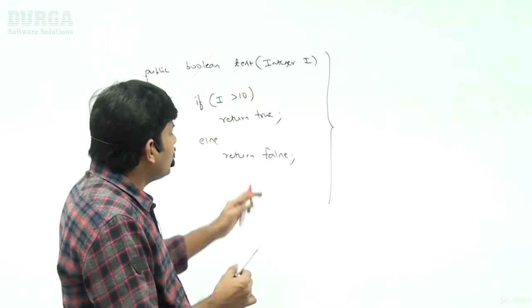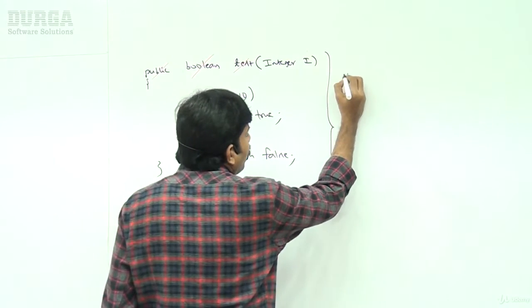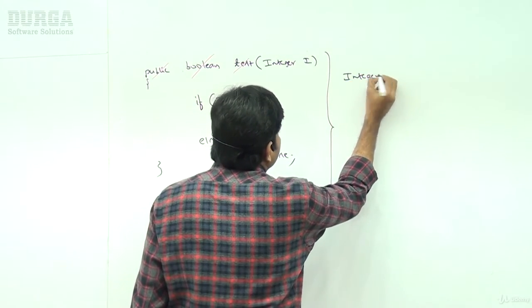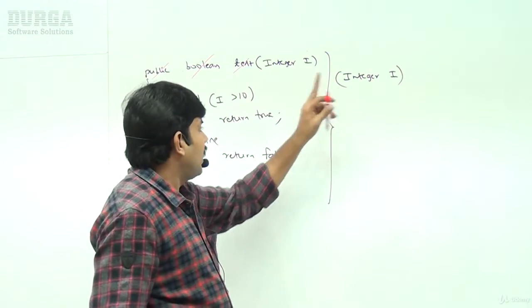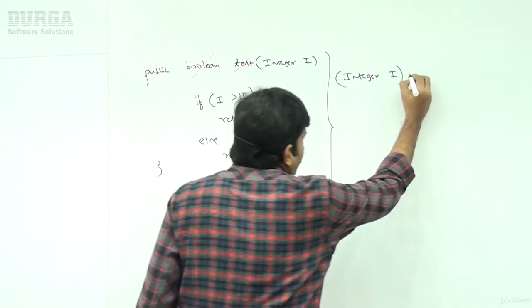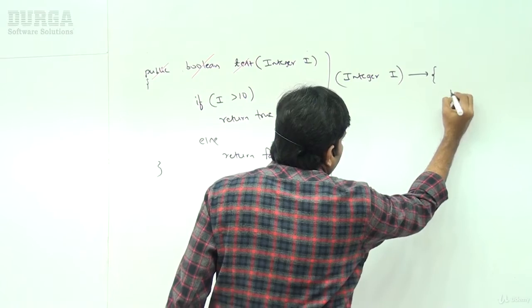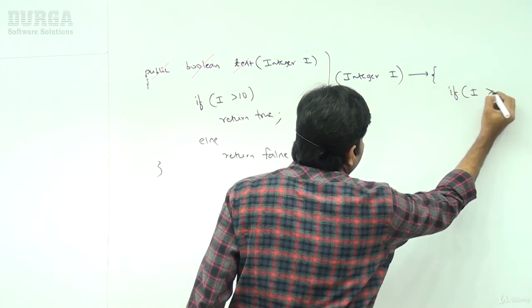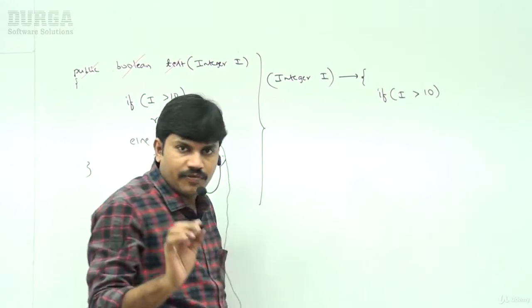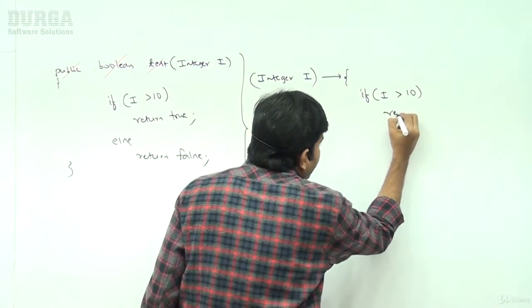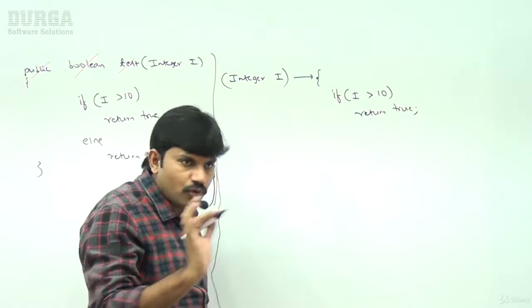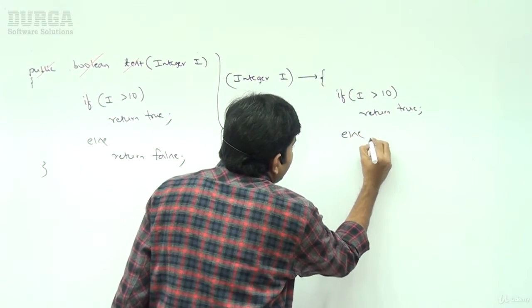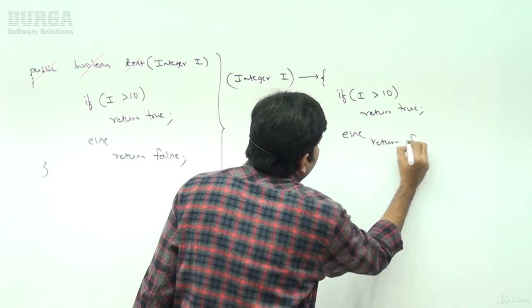I want to convert this one. Integer i, gives, if i greater than 10, return true, else return false.